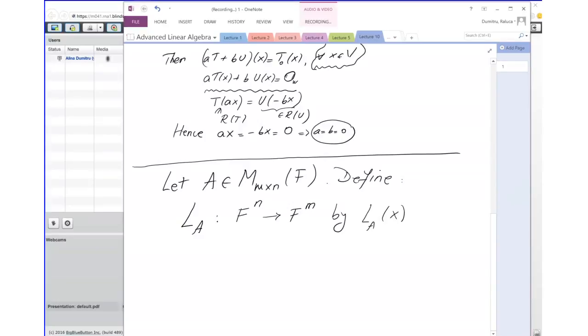So you can imagine it as an n by 1 vector if you want, is A times x. So again, if you think about matrix vector multiplication, you can see x as an n by 1. A was an m by n. And x is an n by 1. So the result of A times x is what? M by 1, right? So I end up with a vector in Fm. So I started with a vector in Fn, ended up with one in Fm.